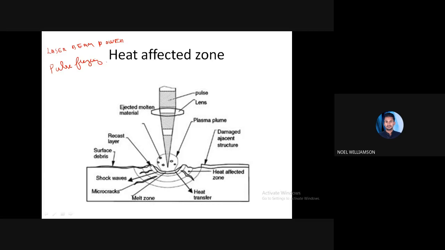Now regarding the laser beam diameter, whether it is small or large, this does not depend on the HAZ. The laser beam diameter has no effect on the heat affected zone.